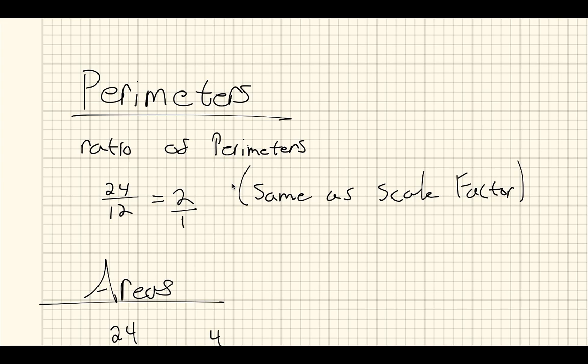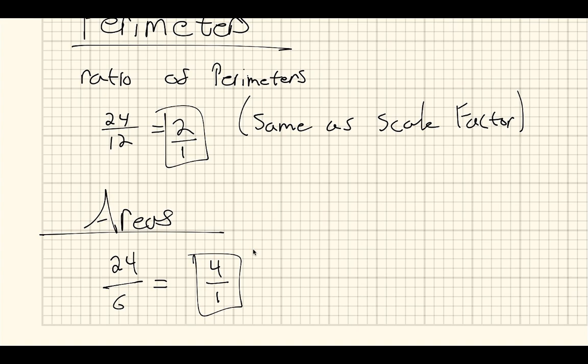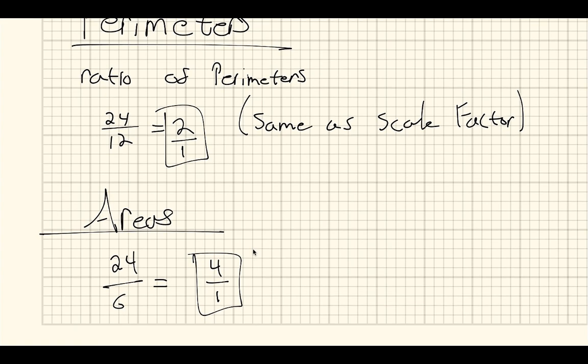Notice these two things here, 2 to 1 and 4 to 1. What's interesting is that these two are related. Even though they're not the same, they are related. If you take the ratio of the perimeters and you square that, 2 squared over 1 squared, that becomes 4 to 1, right?